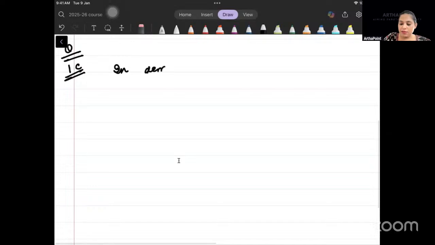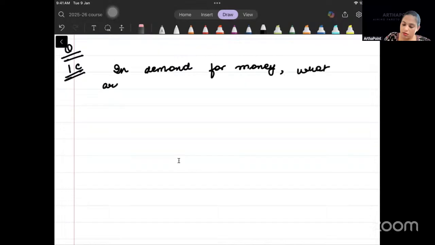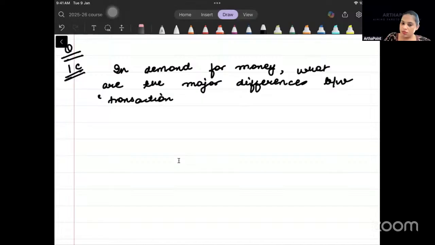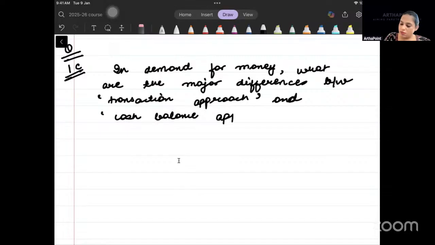In demand for money, what are the major differences between transaction approach and cash balance approach?